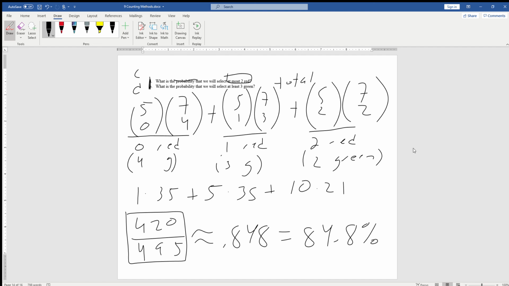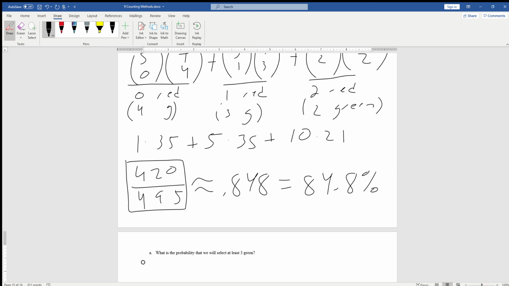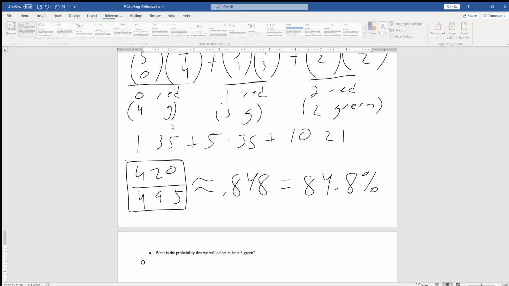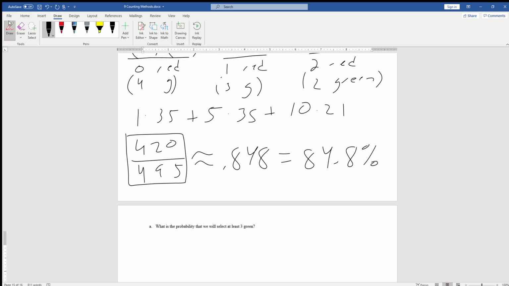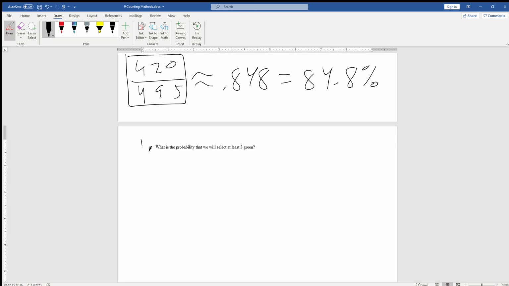A final example is the at least problem. What's the probability that we are going to pick at least 3 green marbles? Just like we did with the other problems, first thing we're going to do is select the different scenarios that could occur. At least 3 greens means that we would have at minimum 3 green or 4 green.